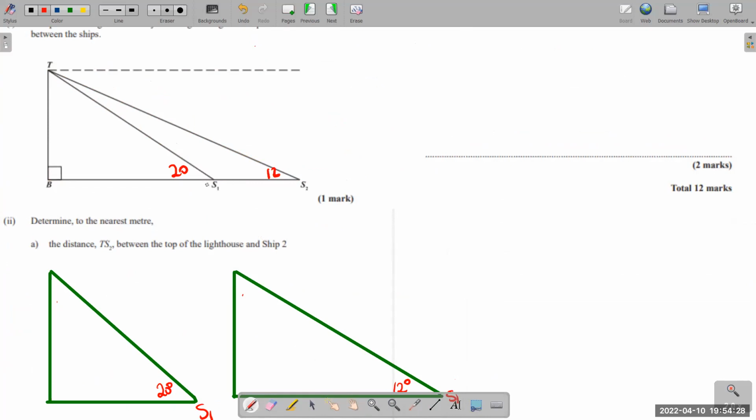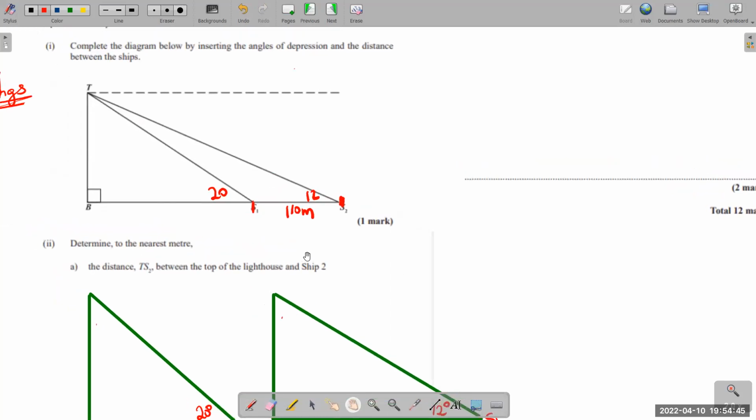Where should I put 110? In between here and here? 110. Let me put the angle here.